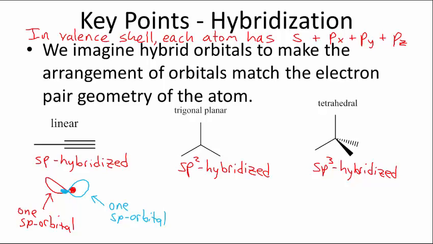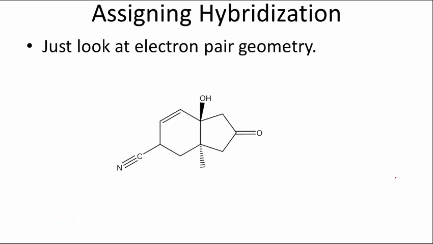What questions do you have there? Okay. So if you want to assign hybridization to an atom, all you have to do is look at the electron pair geometry. So really you're counting number of electron domains.